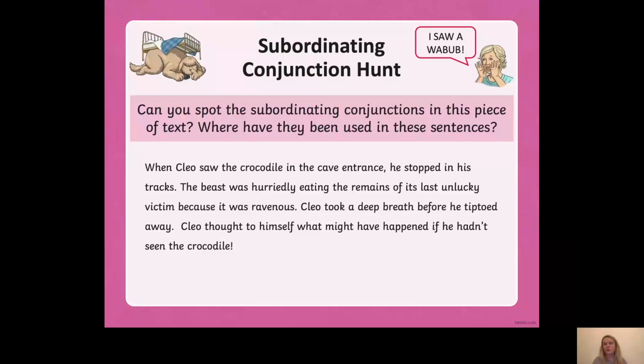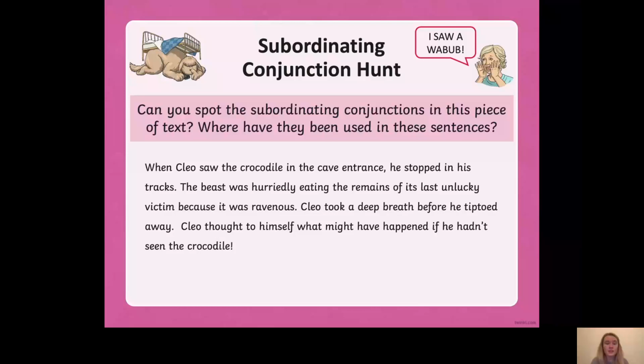So let's have a look at the first sentence together. Can we find a subordinating conjunction? When Cleo saw the crocodile in the cave entrance, he stopped in his tracks. Where is the subordinating conjunction in that sentence? Which subordinating conjunctions have I learned? I've learned if, when, because, after, and before.